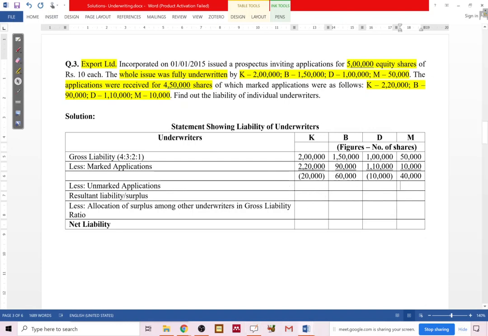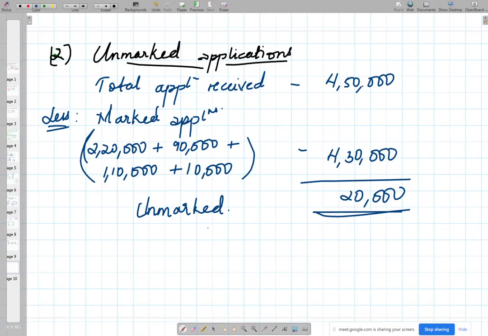You need to minus it from their liability, okay. So distribute in GLR among all the four. So that is K, B, D and M.